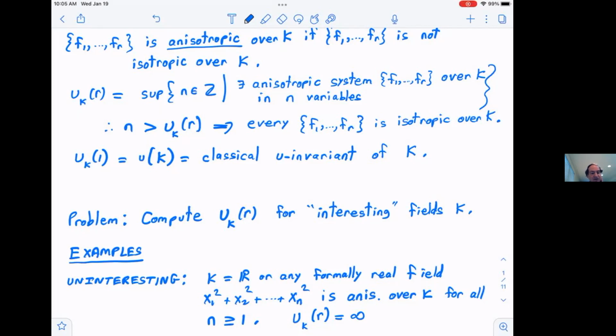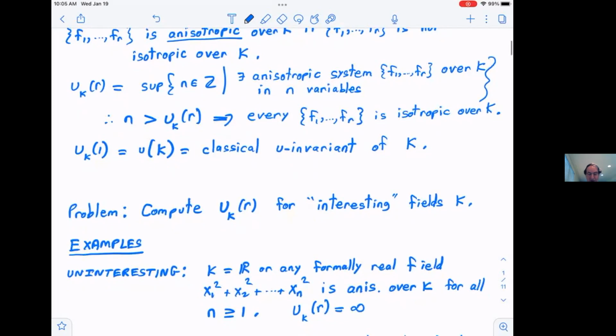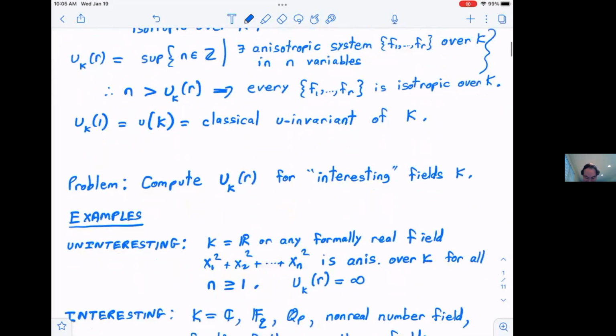So therefore, for this topic, formally real fields, such as the real numbers or any real closed field, would be uninteresting. Now, I'll point out that going in a completely different direction, some of what I'm discussing today can be modified and made interesting to discuss over formally real fields, but not what I'm doing today. So therefore, today and only today, the real numbers is uninteresting.